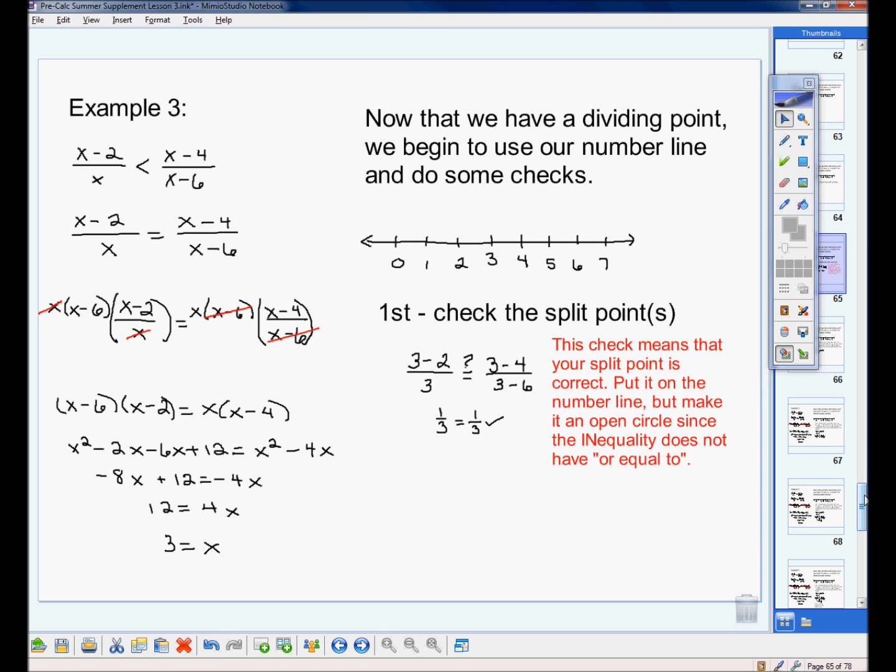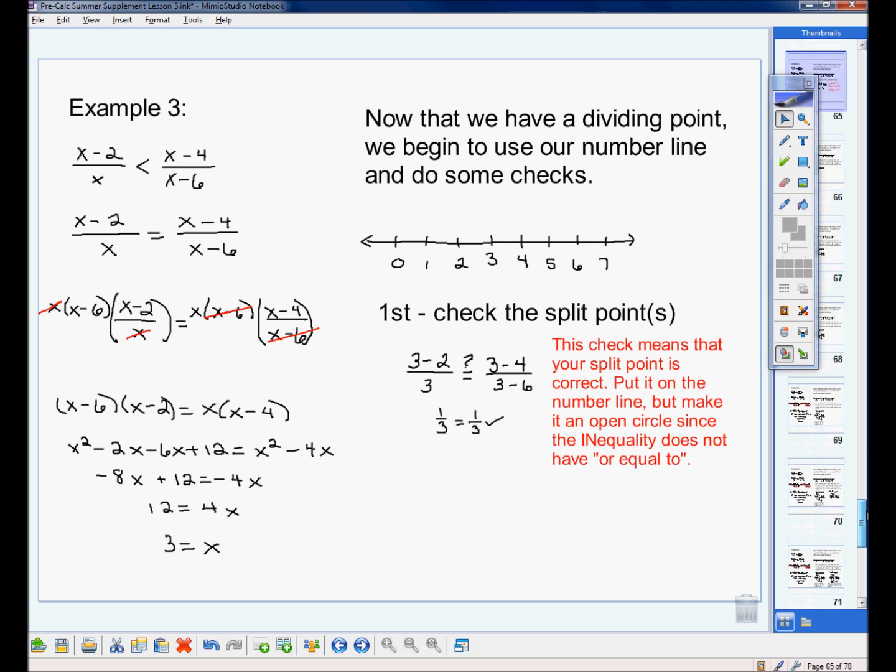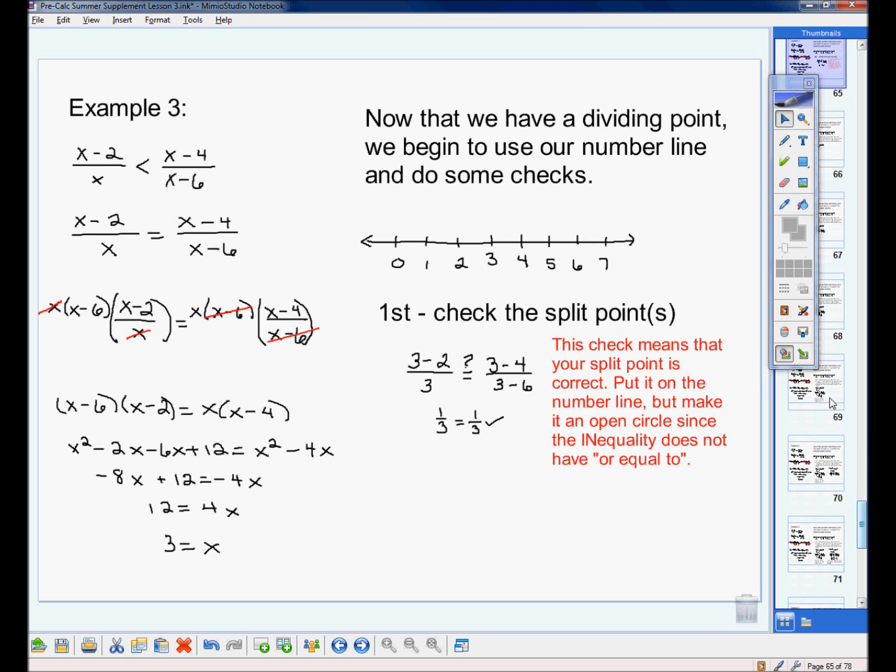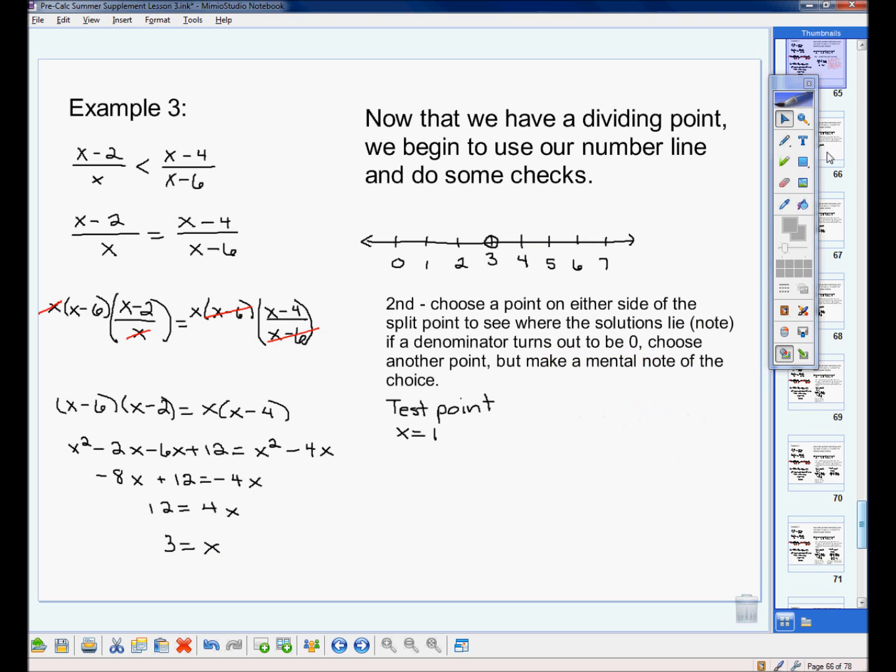That shouldn't be new to anybody as far as the idea of open circle or closed circle. But since we're dealing with a more complicated problem, you need to understand why it's an open circle here. And this checked 3, so we're going to put an open circle on 3.